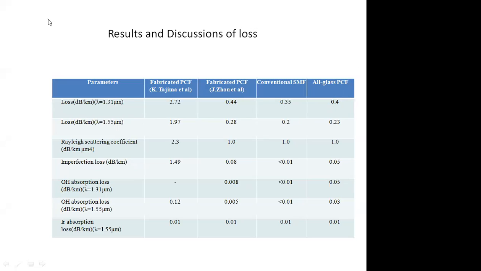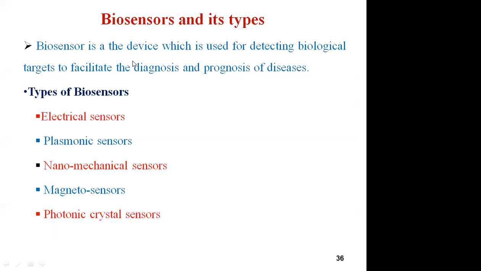Because if you look at this, 2.7 to 0.44, 0.35 is the single mode fiber, which is an older value. Now we have 0.2 dB per kilometer. Per kilometer loss is 0.2. This is about the fiber application.